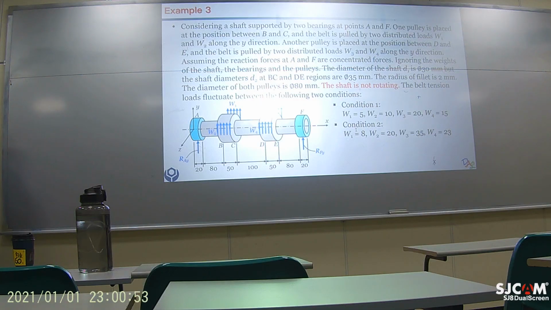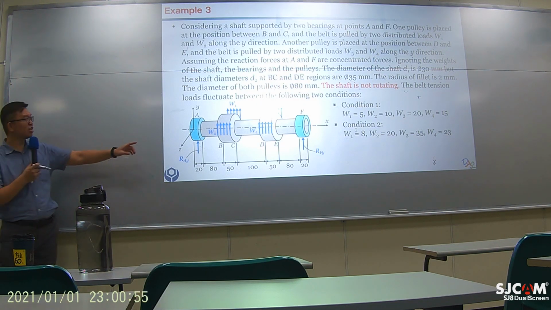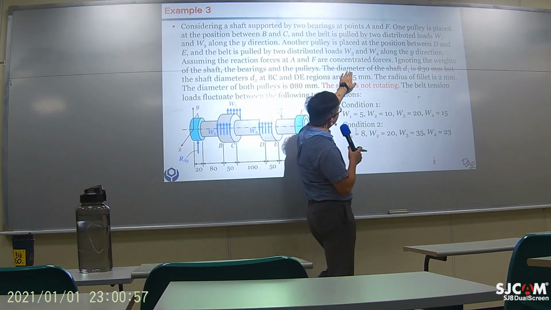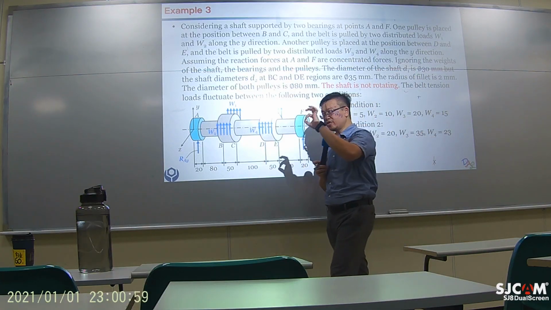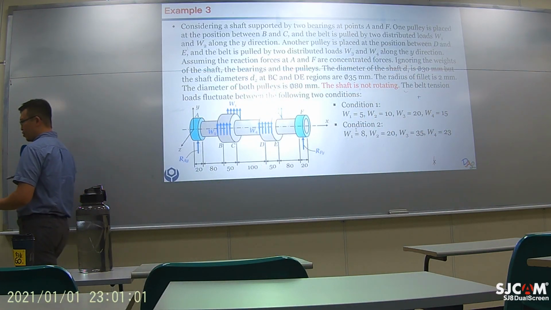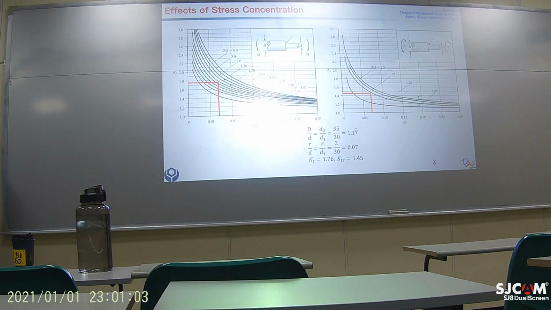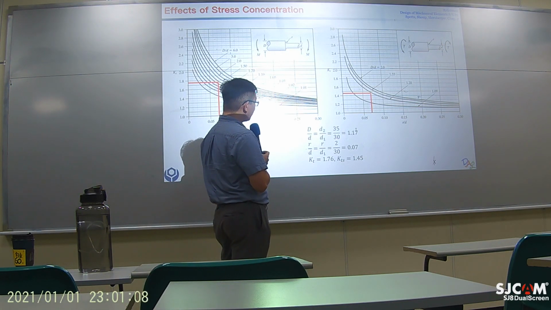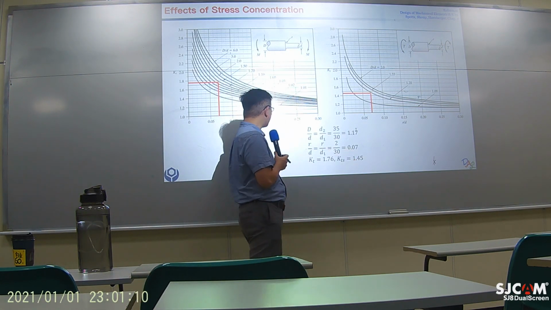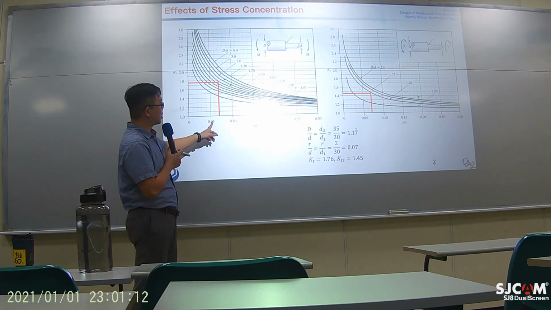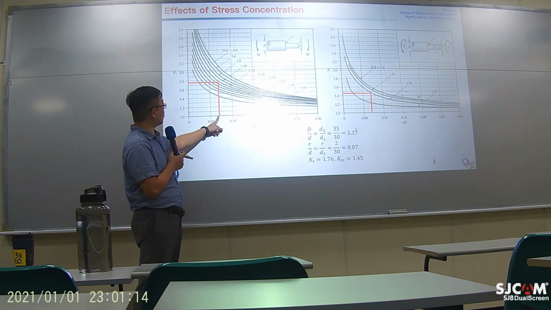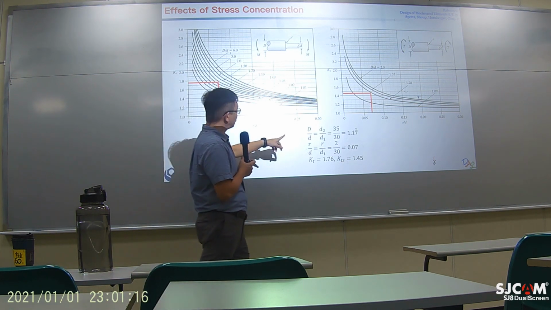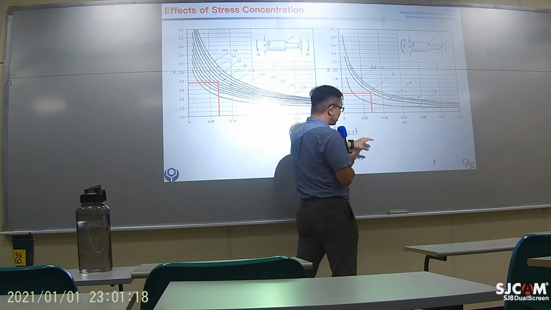Is this 30? Yeah, right here. The diameter of the shaft is 30. So the thinner part is 30. Okay, so that gives us a value 0.07. That's why we will have a straight line at 0.07 for both cases.